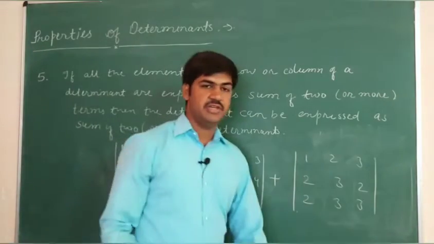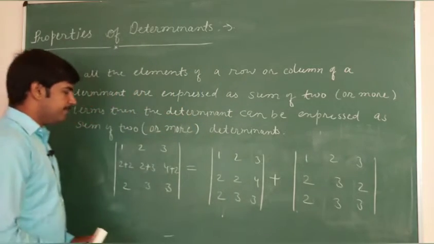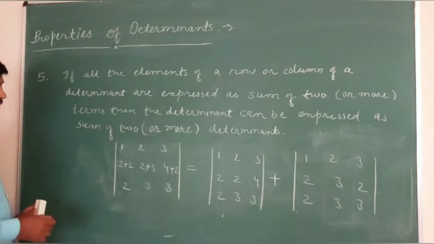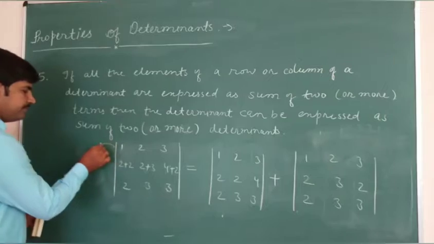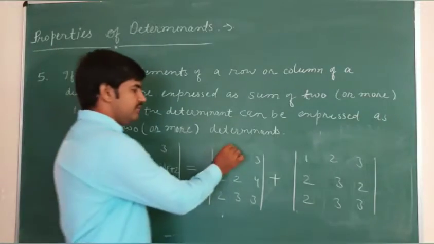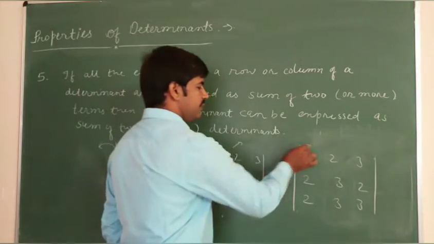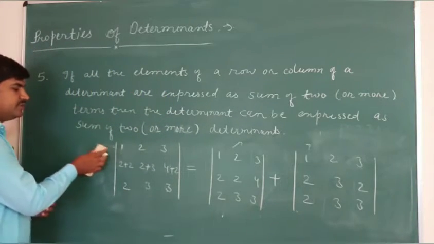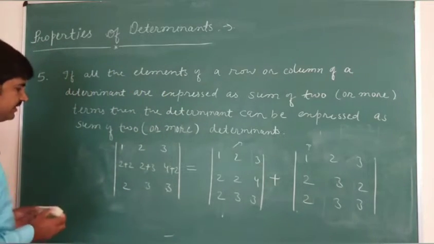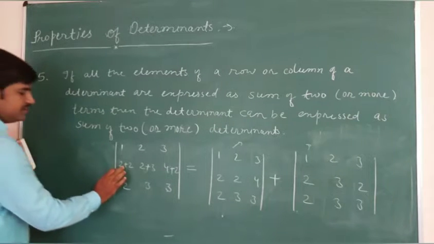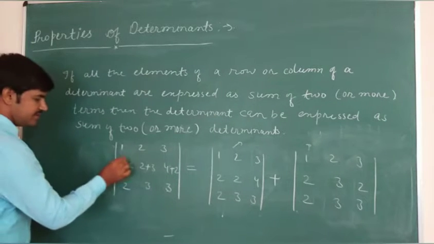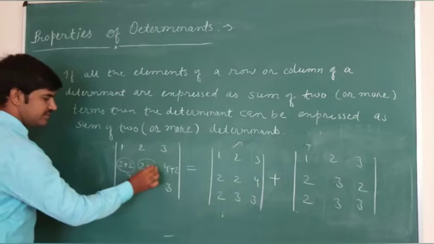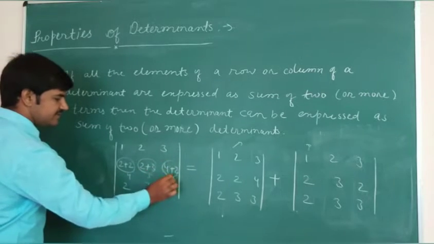That is what I have written here. Now if you simplify and get the value of this particular determinant and then the values of these 2 determinants, and if you add them, you will get the same value. That can quickly be verified, students. How it will be verified? Consider this as 4, this as 5, and this as 6.